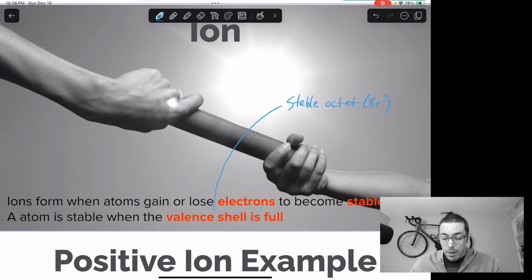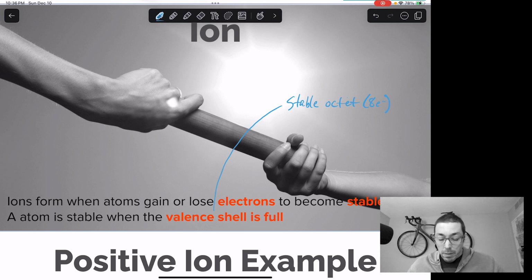To become an ion, you can also lose electrons so that you're essentially emptying out the electrons you have in your valence shell. So that becomes empty, and then the next one inside it is already filled up, so you're left with that one being the full valence shell now, because that's now the outer one.